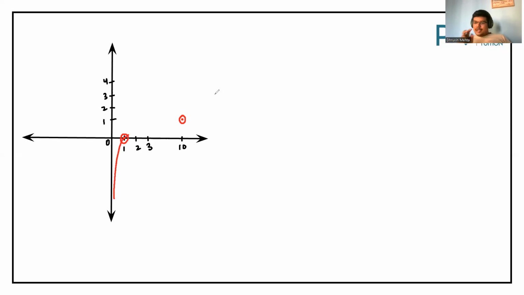Then log of any number between 1 and 10. If we take any number between 1 and 10, let's say log of 7, those answers are always going to be between 0 and 1. Here I took log of 7, it is 0.84. Are you understanding the pattern?